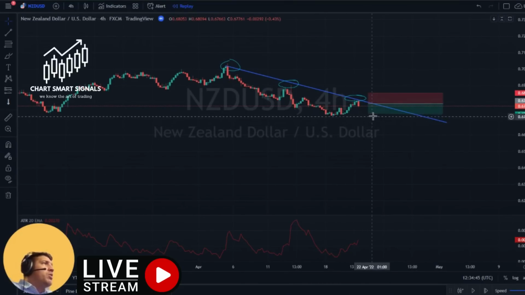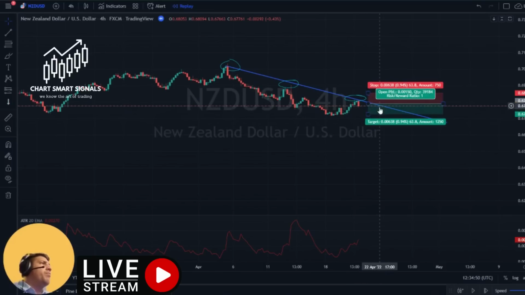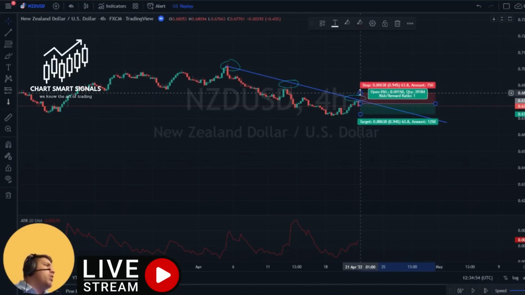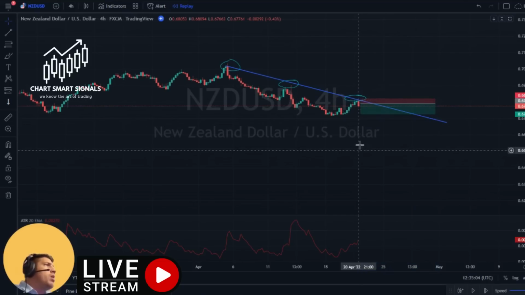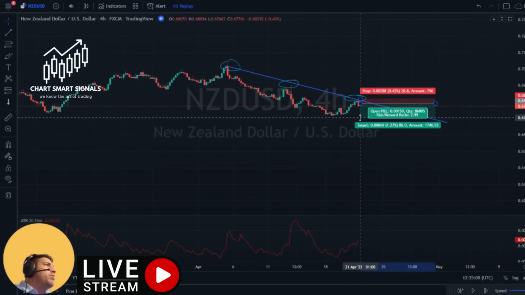ATR, which is average true range for those of you that don't know. Alright, so ATR, we're going to have one ATR stop loss. That's big enough. We're going to go 2.5. We could even go 3 if we're feeling confident on this trade.